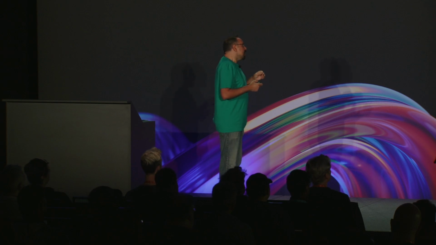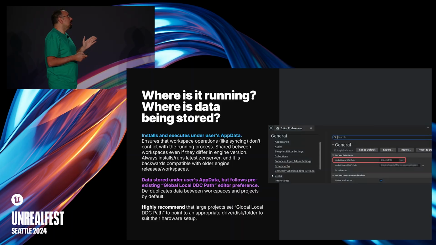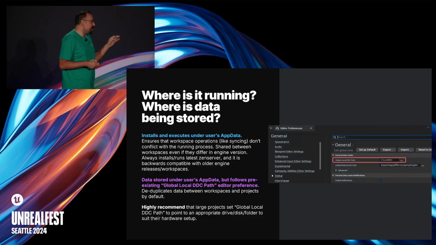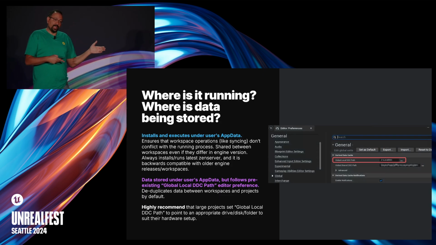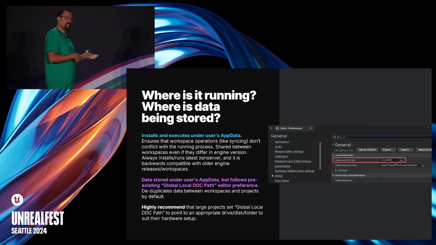Besides that, there's a question of where it stores its data. And by default, it also stores its data in a folder underneath the user's app data directory, a separate folder from the place where the executable resides. However, if you have set up a global local DDC path, this was a pre-existing setting in the editor, ZenServer will be launched to respect that path and store its data within that path.